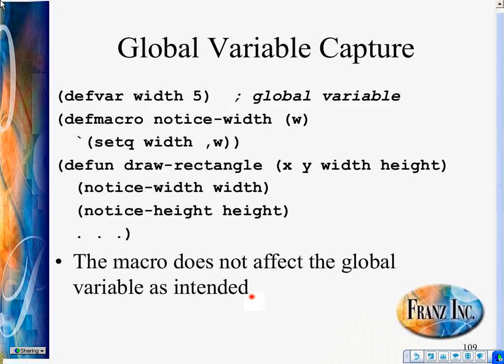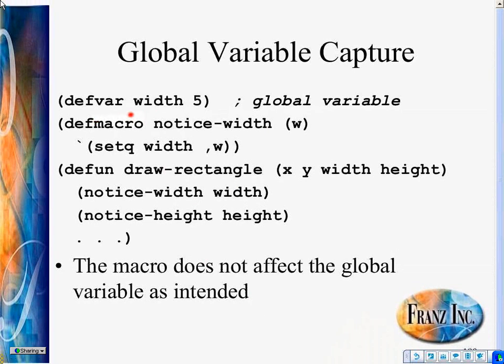Now, the solution to that, I told you, no, I guess I haven't told you in this class. I told the people who took the elementary class in the past weeks that whenever you define a global variable, you always name it with a symbol bounded by stars. So if you called this star-width-star, and here star-width-star, then when you're just writing up an argument list for a function, you don't give it arguments that have stars on either side unless that's actually your intention, unless you're actually wanting to use the global variable.